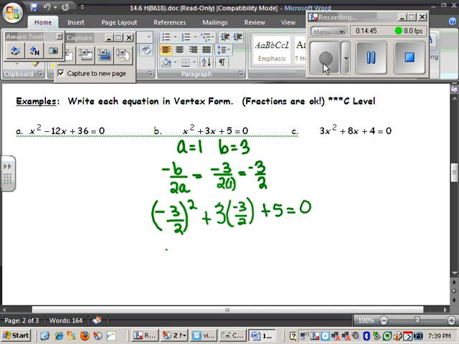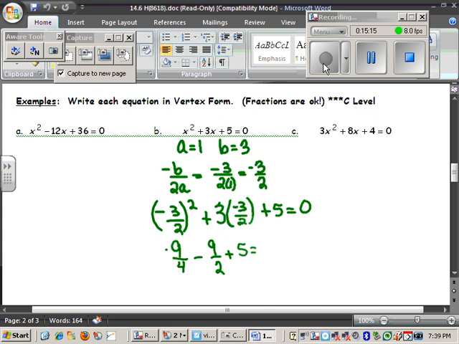So I will have the negative and the negative will just square to be positive. So I'm going to have 9/4. And then I will have 3 times negative 3, so that's going to be a negative 9 halves, plus 5 equals 0.